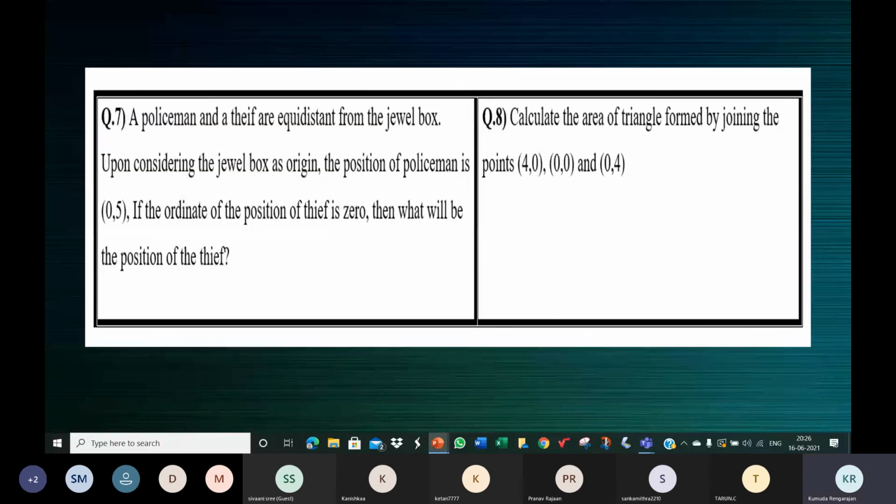Yeah. Let's catch the thief. Please do question number 7, and 8 is easy. Only 7.